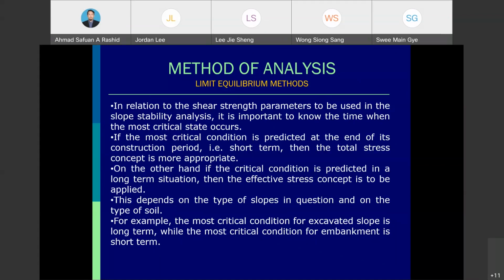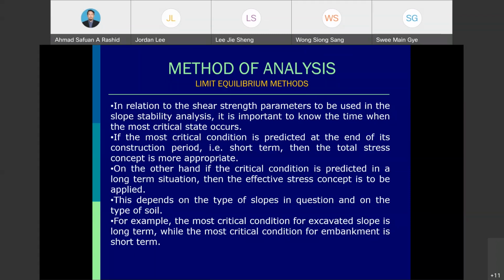This is more related, for example, to the construction of an earth dam, where there is a pore water pressure differential and we want to look at the stability of this type of structure. In that case, it is better to use the effective stress analysis.